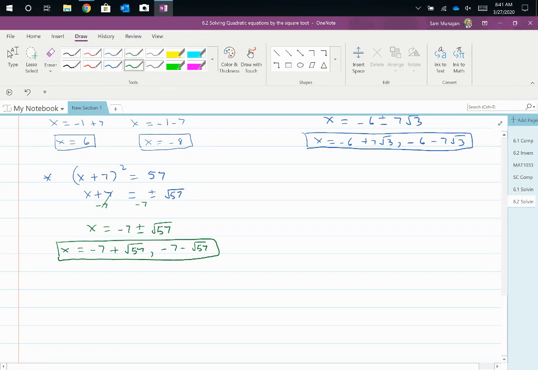One last example. I've got 6x squared minus 9 is equal to 285. So I would go ahead and add 9 to both sides. That gives me 6x squared is equal to 294.